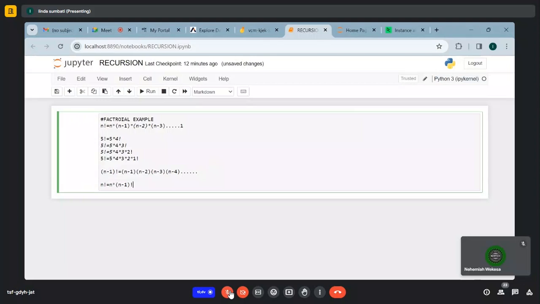So that means, you see, for example, if you have 5 factorial, that means when you move, it's calling itself, it's going recursively, like it's repeating itself. You see, 5 times 4, 5 times 4 times 3, 5 times 4 times 3 times 2, like that, as it goes.